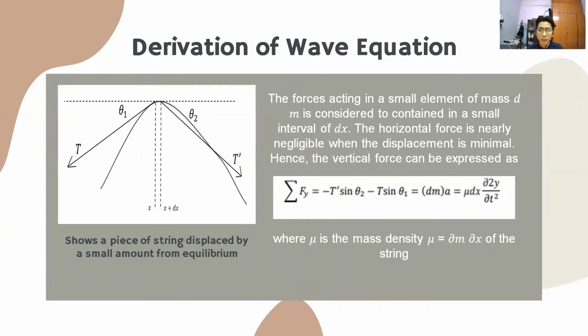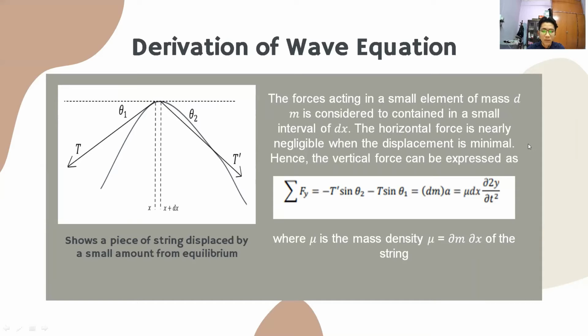Derivation of wave equation. Here is shown a piece of string displaced by a small amount from equilibrium. The force acting in a small element of mass dm is considered to be contained in a small interval of dx. The horizontal force is nearly negligible when the displacement is minimal.